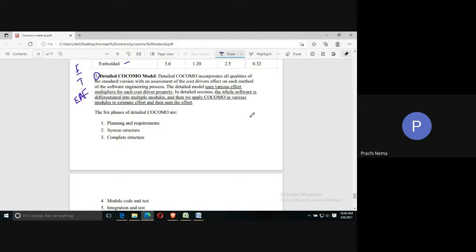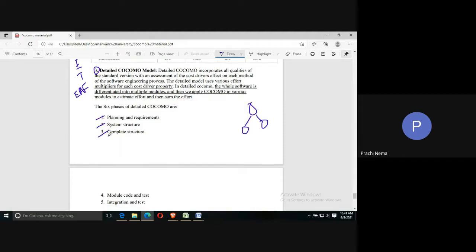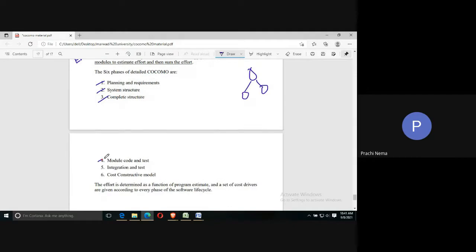So it does the modularity thing. It will decompose into modules, apply COCOMO, and then combine them back. This whole process is defined in six phases: planning and requirements, system structure, complete structure, module code and test, integration and test, and cost constructive model. So in this way it works.